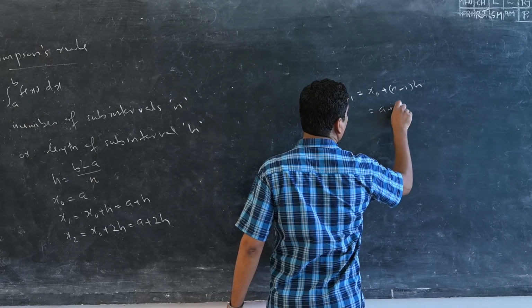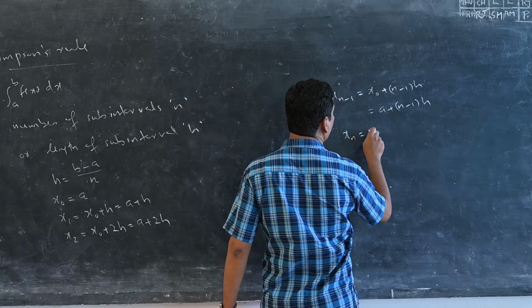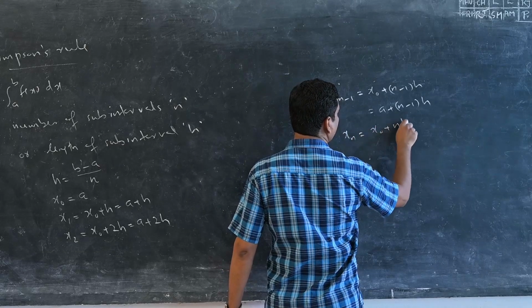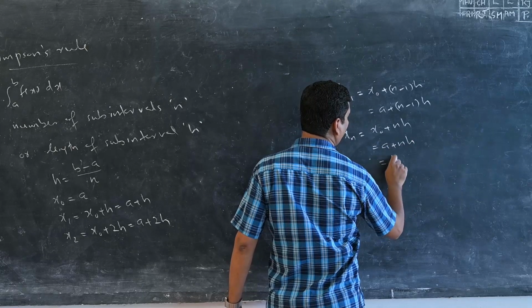This is a plus n minus 1 into h. xn is equal to x0 plus nh. This is a plus nh, which is equal to b.